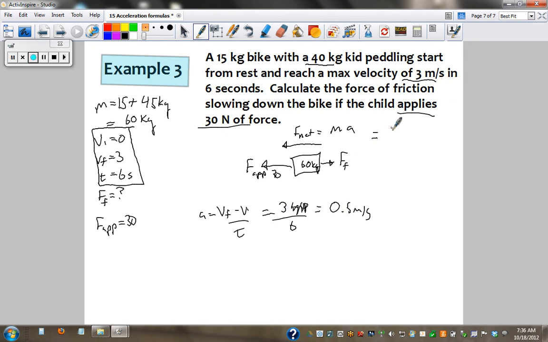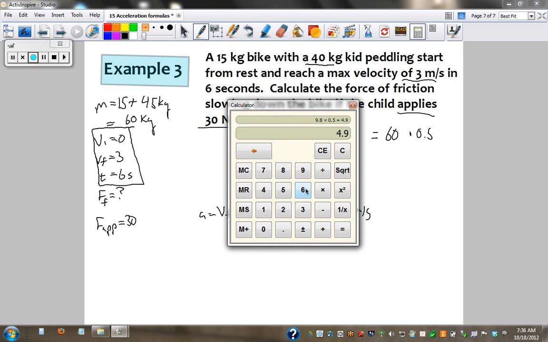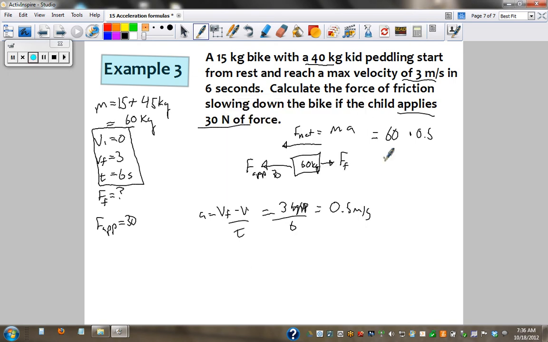So F net equals 60 times 0.5, which is 30. So if the net force is 30 and the applied force is 30, that means that this is actually a 0 force of friction.